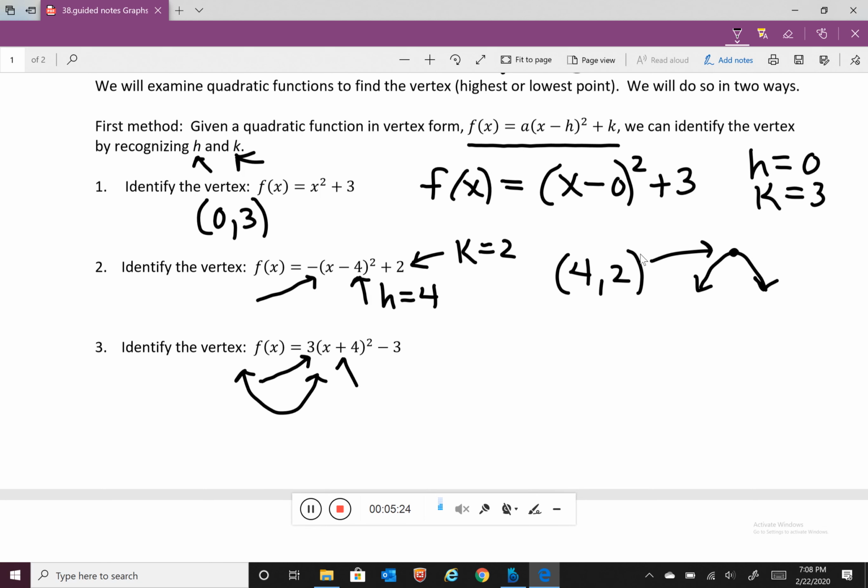And then we have to be a bit careful here. Remember, the vertex form is x minus h quantity squared. So for this particular example, that means h is -4 and k is -3. And so our vertex is -4, -3.